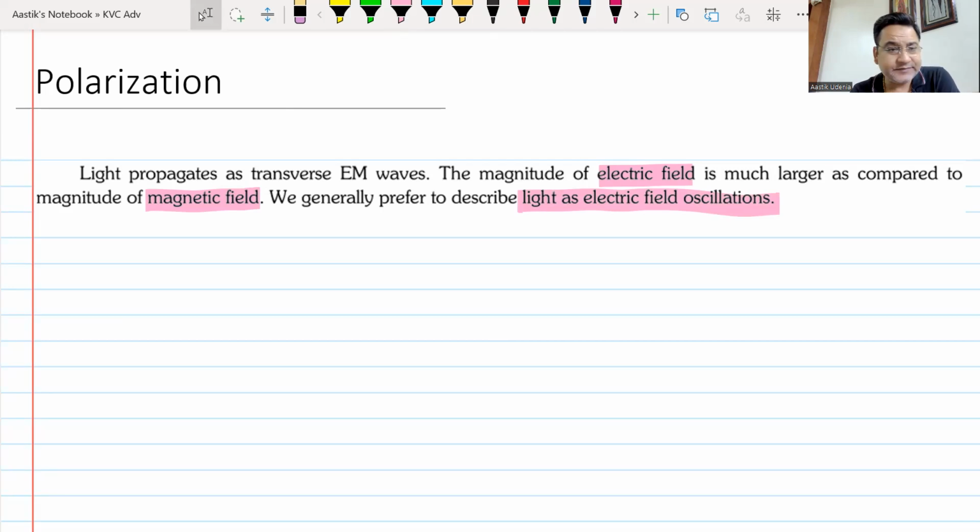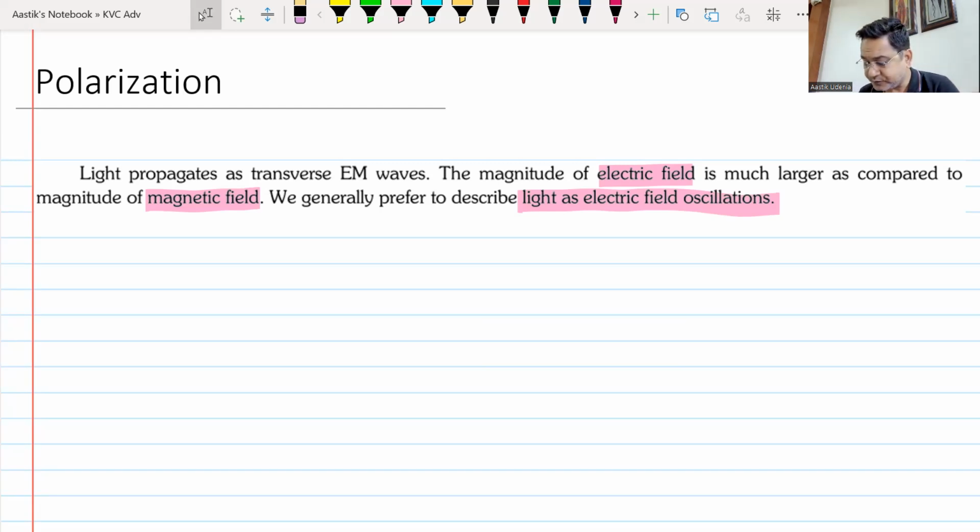Do we understand this? Yes, sir. Even though it consists of both electric and magnetic field, we can refer to light as oscillations of the electric field because the electric field is much more compared to the magnetic field.